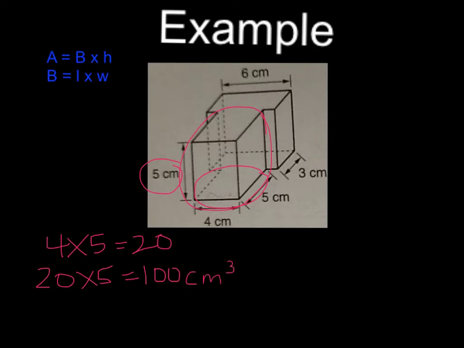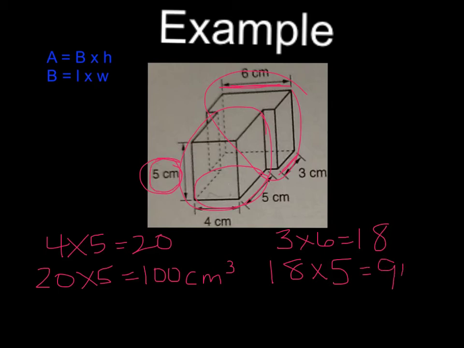Next, I am going to find the volume of the prism in the back. To find the area of the base, I am going to multiply 3 times 6, which equals 18. 3 is the width, and 6 is the length. Next, I'm going to take 18 and multiply it by a height of 5, because as we said earlier, 5 centimeters is the height of this figure. 18 times 5 is equal to 90.